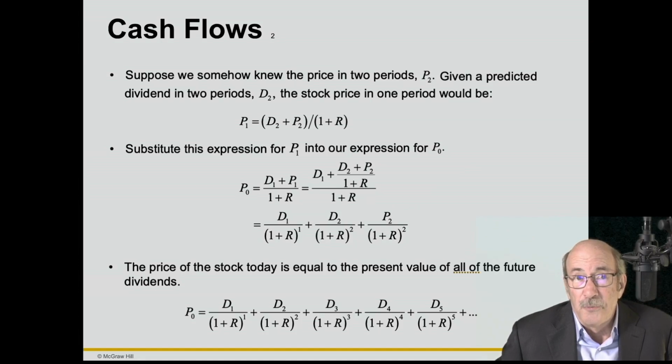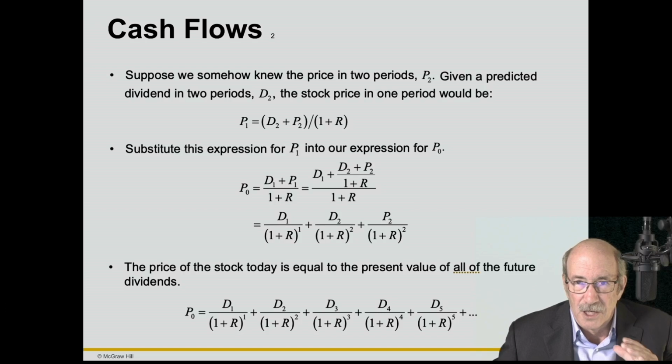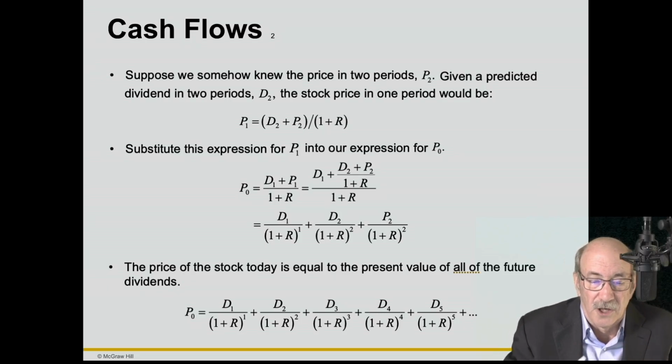It's a very old model, and a very simplistic model, but it does give us an estimate of the required rate of return. And this is where, if you've heard about beta, the beta is what comes out of the capital asset pricing model, and that's what we use to calculate the required rate of return for a particular stock. But I'm jumping ahead a little too fast. Let's get back to the very basics here.